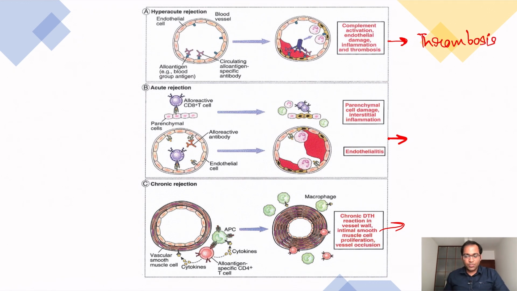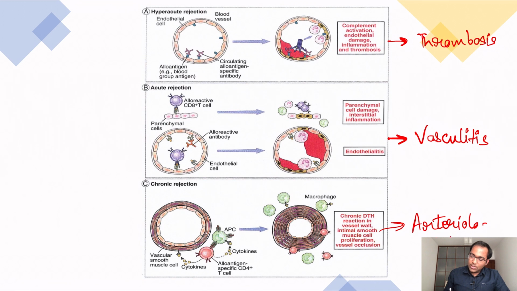In acute rejection, we have vasculitis. In chronic rejection, what did we have? Yes, you guessed it right. In chronic rejection, we had arteriolosclerosis. So this is the hallmark pathology that you should know about each type of rejection.